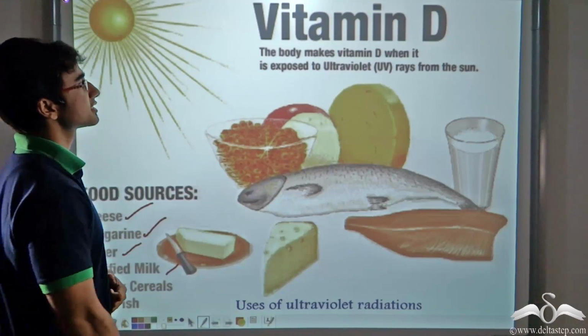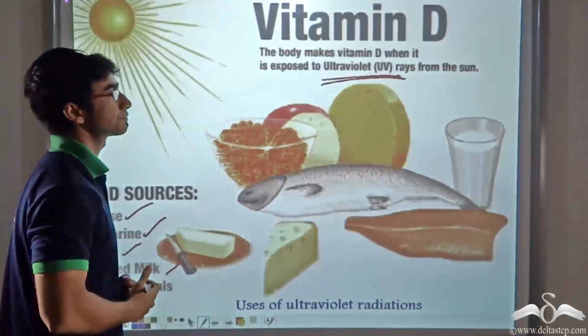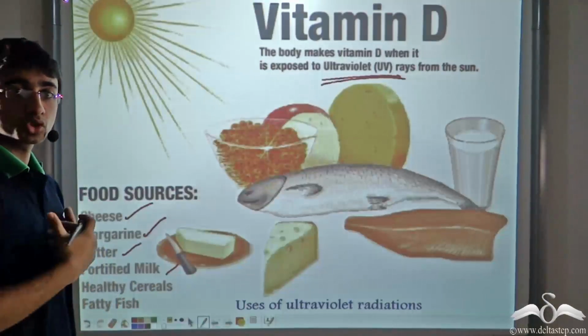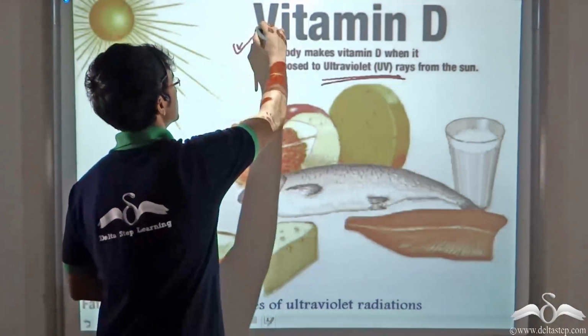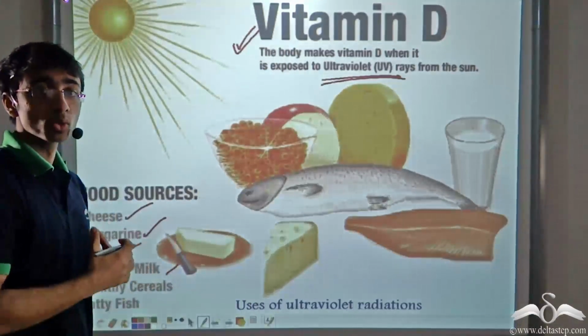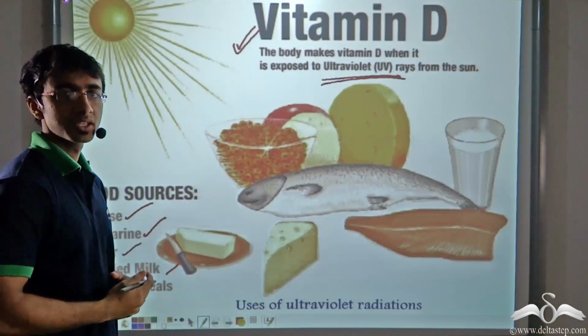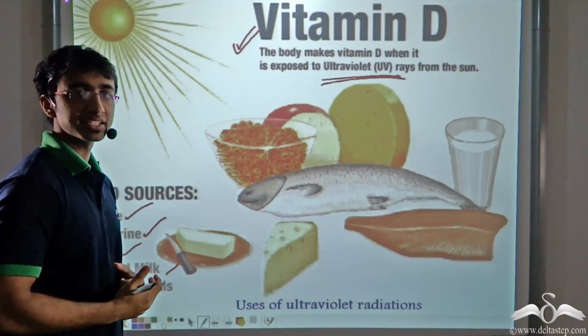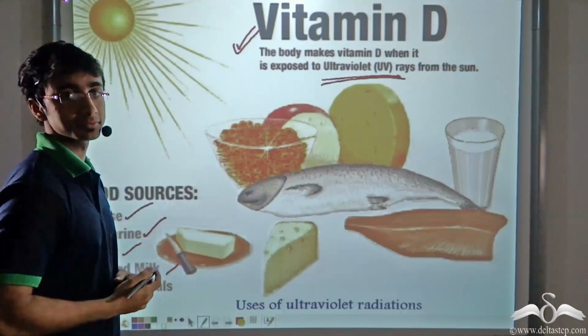That way is through ultraviolet rays that come from the sun. So when the body is exposed to ultraviolet rays, it can manufacture vitamin D, which is essential for the bones in the body. So ultraviolet ray is not all bad. Minimum exposure to ultraviolet ray is actually necessary for the body to manufacture vitamin D.